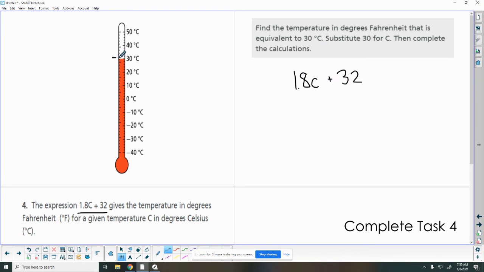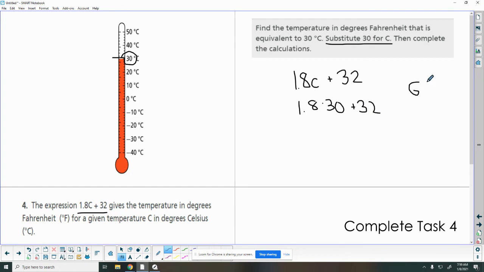So here it tells us our temperature is 30 degrees. So we're going to substitute in 30. So go ahead and rewrite that problem. Remember, this is 1.8 times C. So we have 1.8 times 30 plus 32.